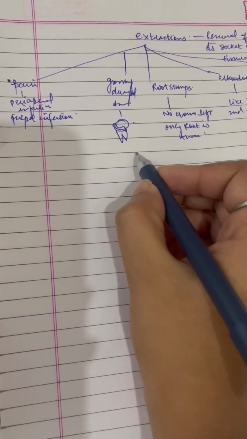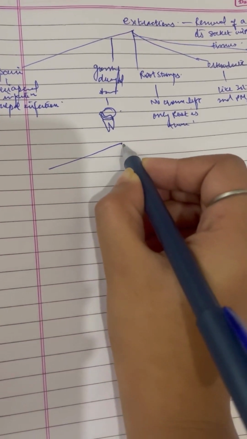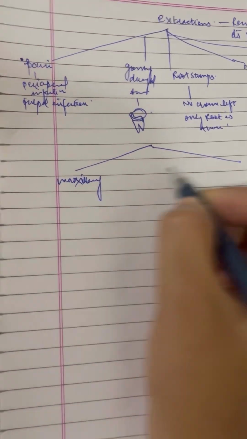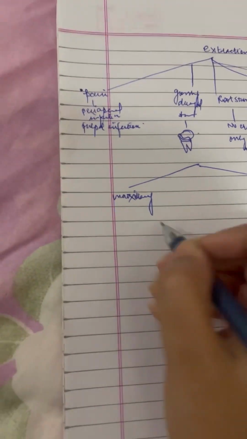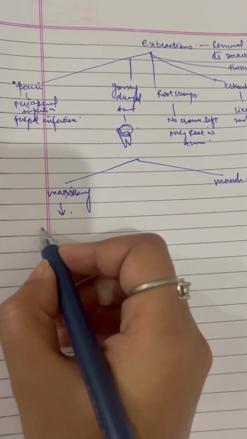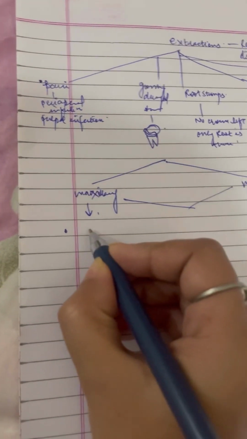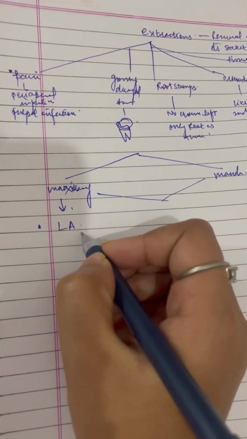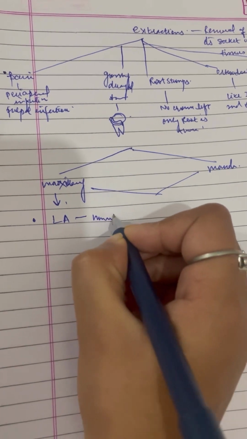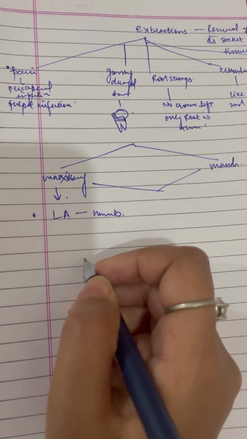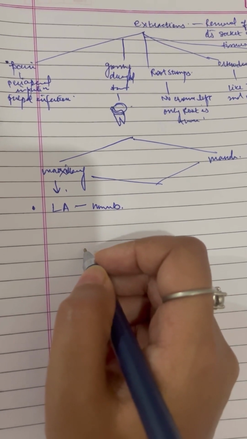So how do we extract a tooth? Maxillary and mandibular. There are a few similar points: firstly, LA is given to numb the area. Depending upon the number of teeth in the quadrant, we give local anesthesia.